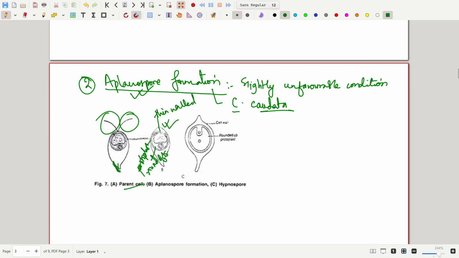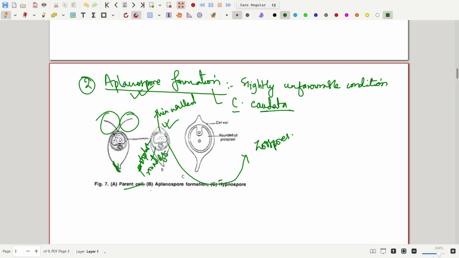It is thin walled. And when there is return of the favorable condition, the Aplanospore can germinate or divide itself to form zoospores, which eventually get formed into a new thallus.